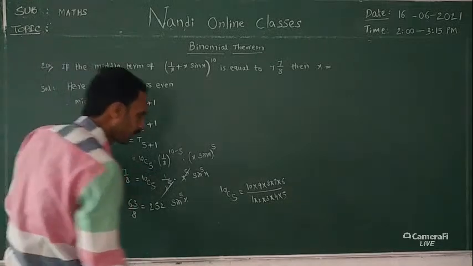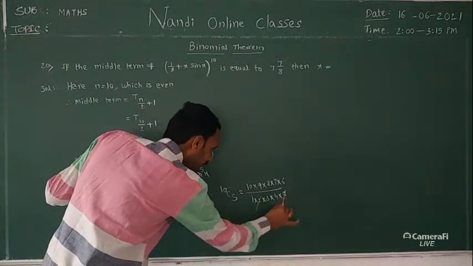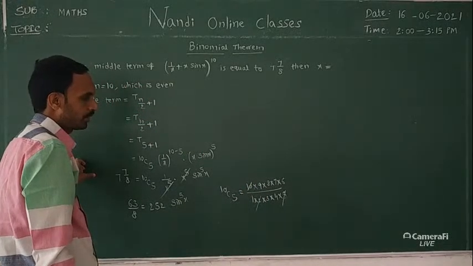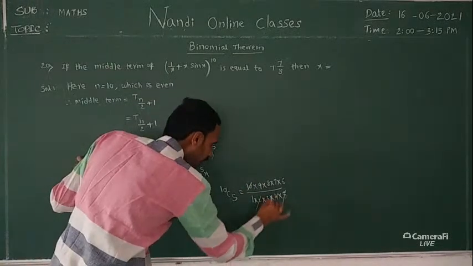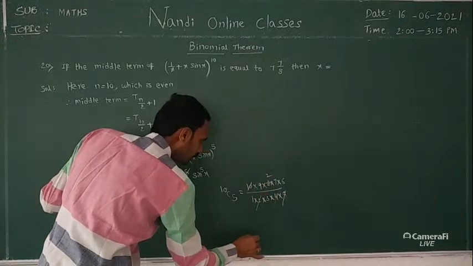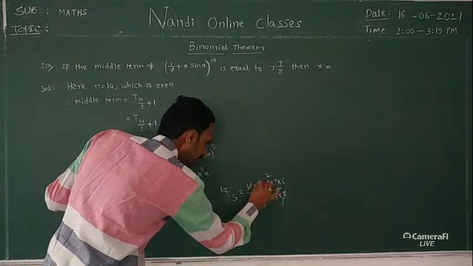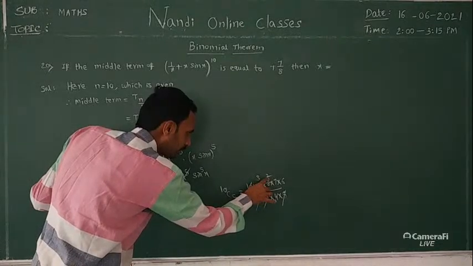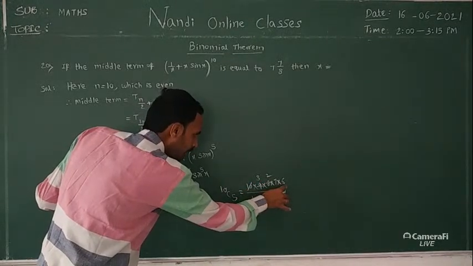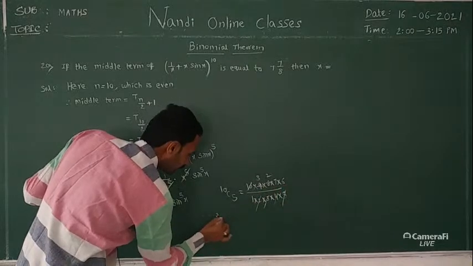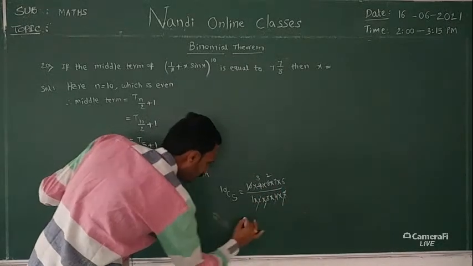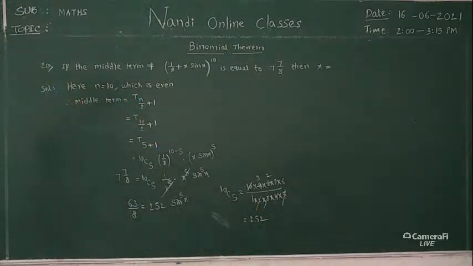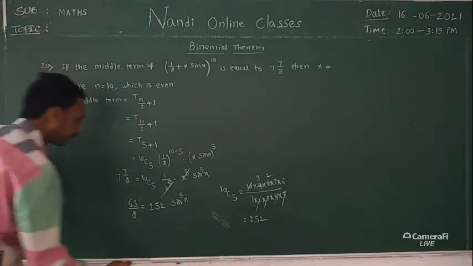Cancel it. 2 5s are 10, 10 cancels. 4 1s are 4, 2 2s cancel. 3 1s are 3, 3 3s cancel. Okay, 3 2s are 6, 6 6s are 36, 36 7s is 252. So 252.